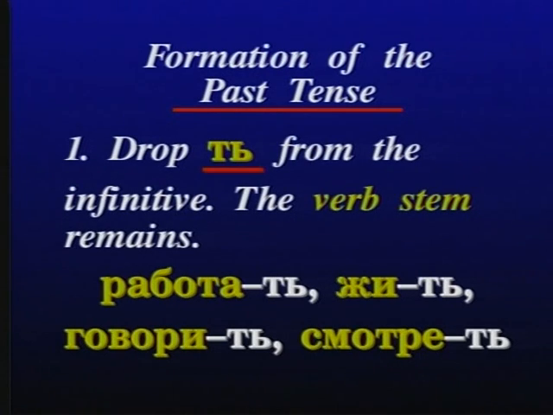So the very first thing that we need to do when we are building a past tense form is we have to get rid of the -ть and the soft sign. We have to drop the infinitive ending and we need to find the verb stem because this is what we will proceed from, the verb stem. Okay. Хорошо. So this is your first step.